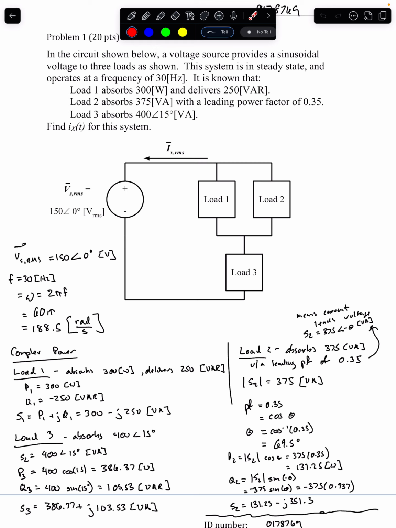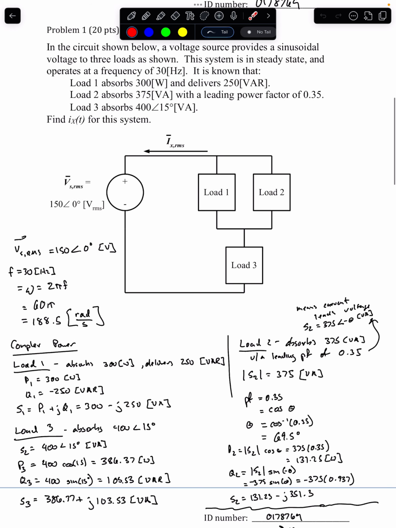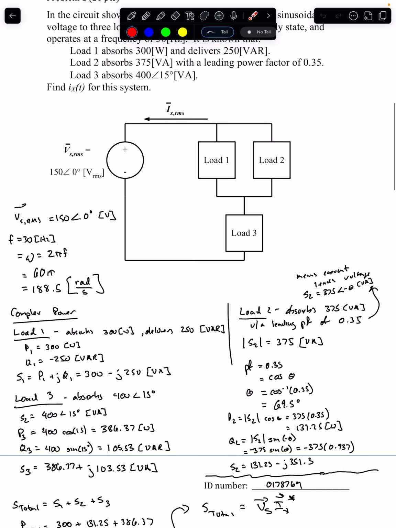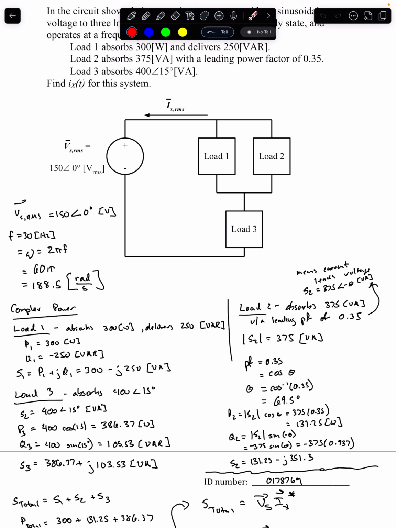So anyhow, the first thing we want to do is start with the calculation of the complex power of the loads. We know that load 1 absorbs 300 watts and delivers 250 vars. So automatically we know power P1 is 300, and Q1 is negative 250j.